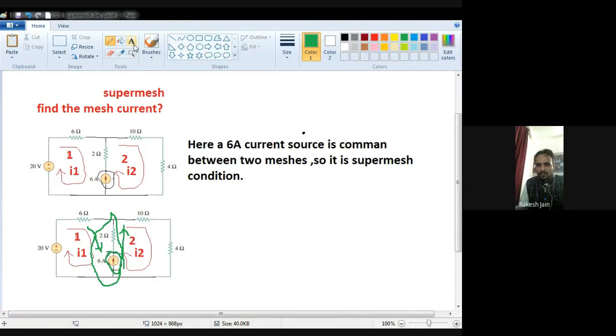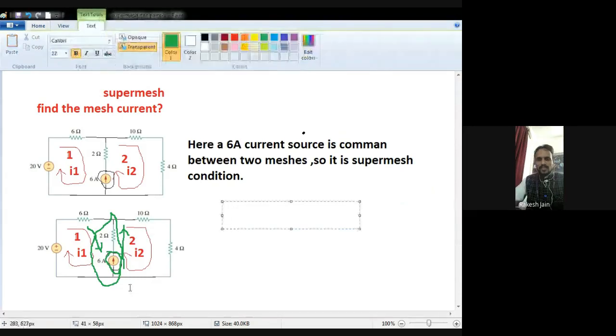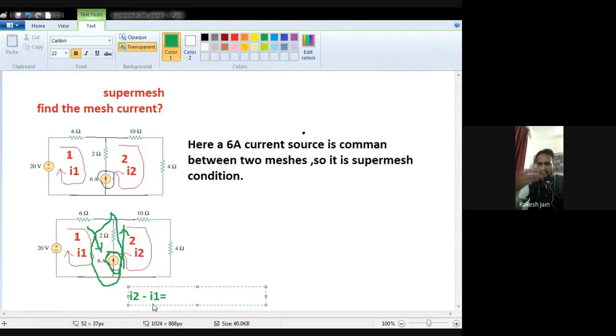Consider this 6 ampere current source, and the direction is from bottom to top. Now in this branch, where the current source is given, the 6 ampere current source, write down the equation of this branch current.